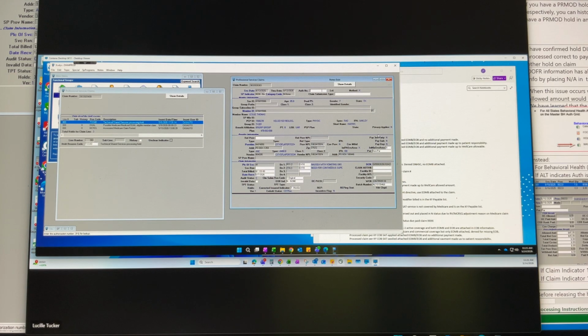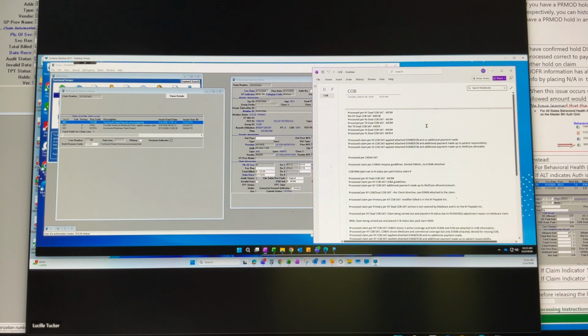So then we might be using a different Medicaid claim to COB our Medicaid than what's on the MH. So it makes complete sense in the state of Kentucky. But in the state of Texas, I don't know why it says that, but it does. So we're gonna follow the SAT.